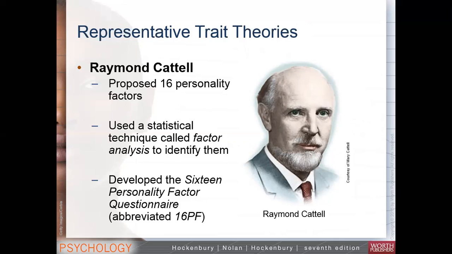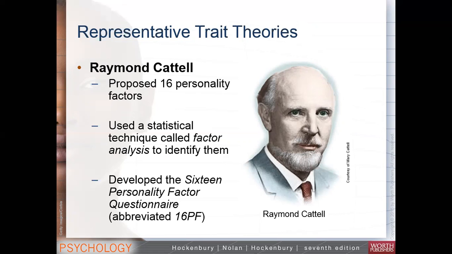Now, think of this like the Goldilocks and Three Bears story. We have Goldilocks who breaks into some bear's house, and let's talk about the porridge situation. She goes in and she wants to eat their porridge. Well, Papa Bear's porridge is too hot. Mama Bear's porridge is too cold, and Baby Bear's porridge is just right. So I like to think of the personality theories like this.